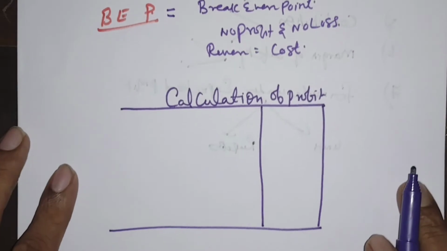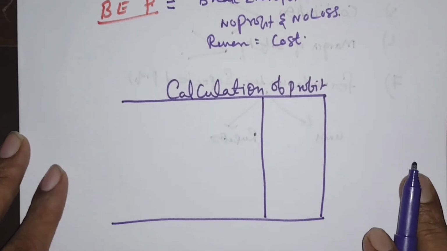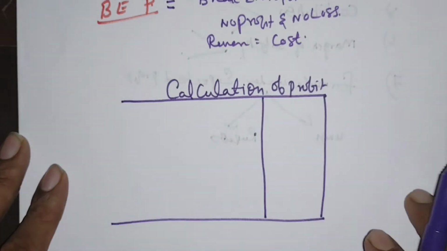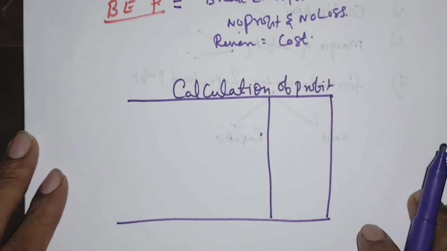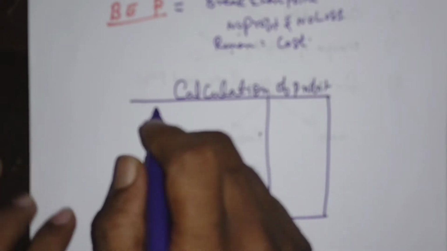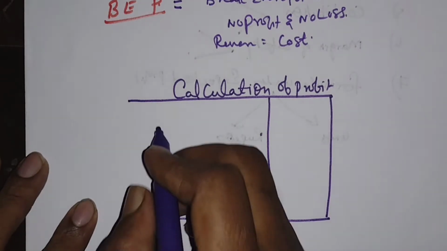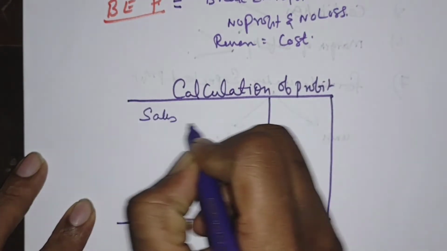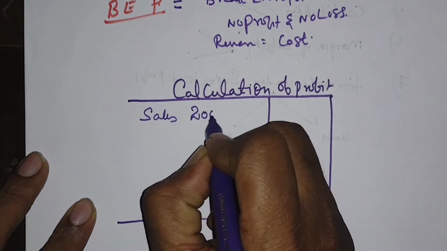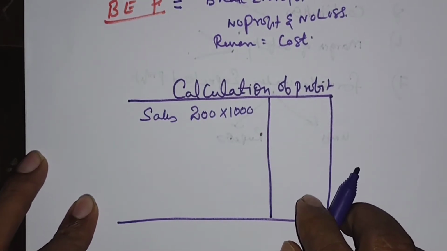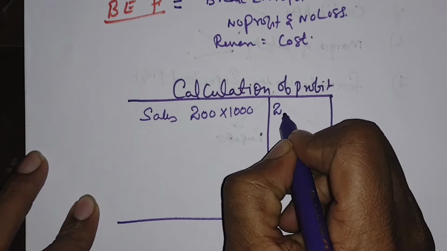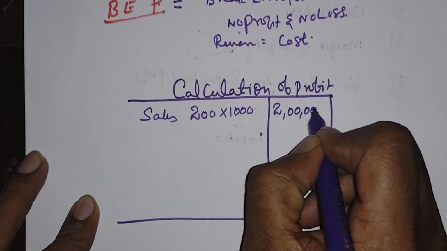The very first topic relating to calculation is the 5-step calculation. Let me do it here. This 5-step calculation will help you remember the various formulas. Let us assume that my sales is 200 units at the rate of rupees 1000, so I expect my sales will be 2 lakh rupees.